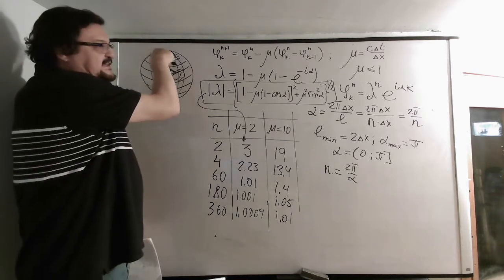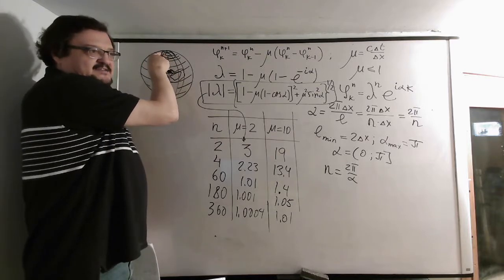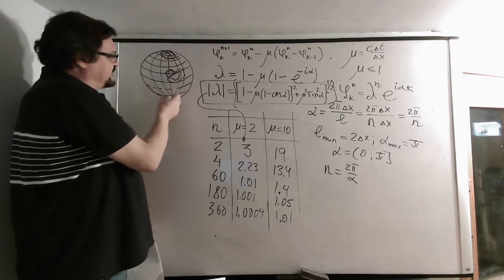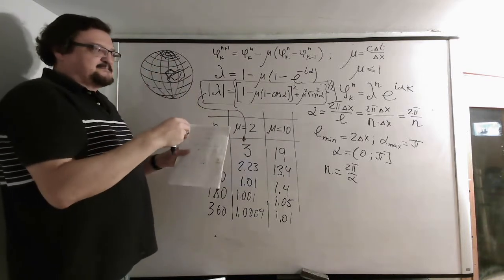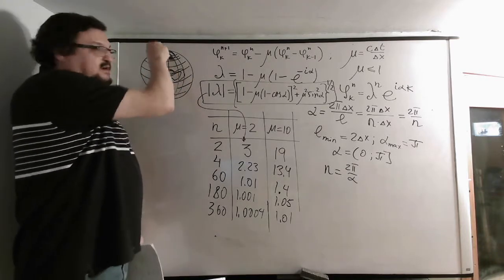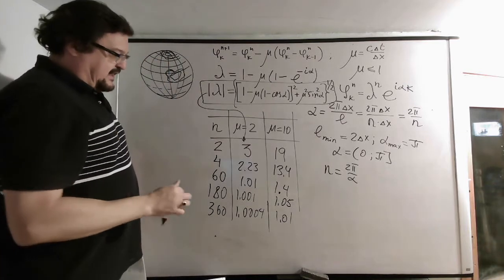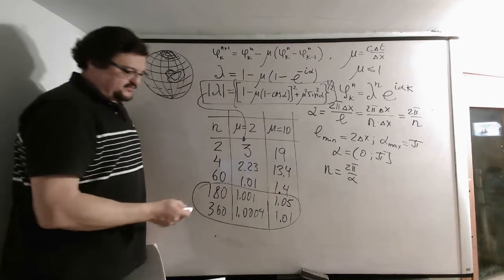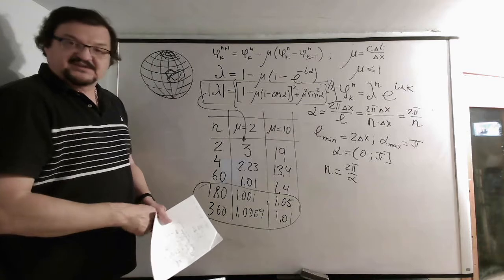Even though your grid's actual resolution is very high at the poles, by doing this filtering you're making the resolution effectively the same everywhere, at the equator and at the pole. And this is how you do it. You remove all the short waves, and you leave only the longer waves that are marginally stable.